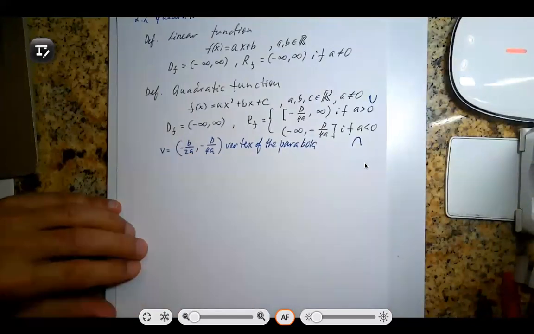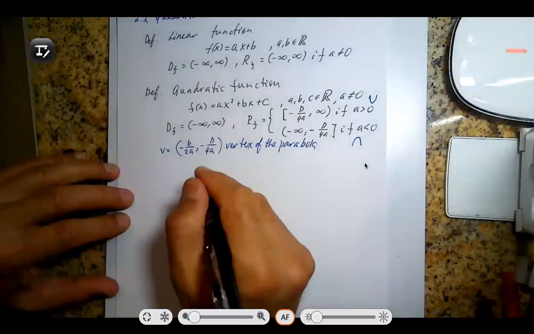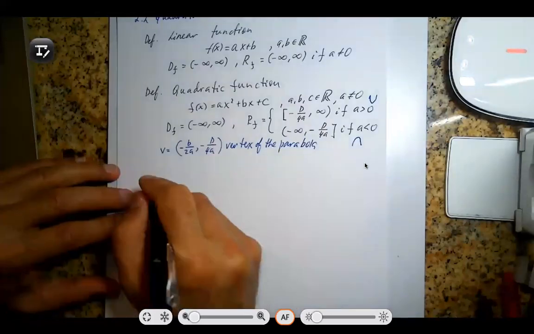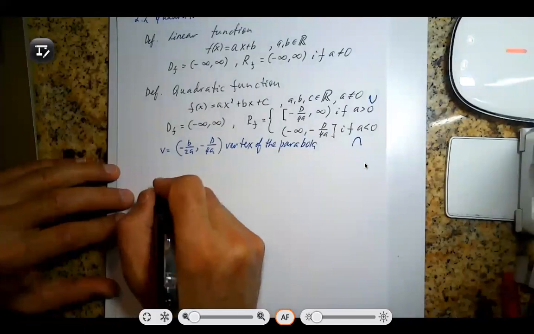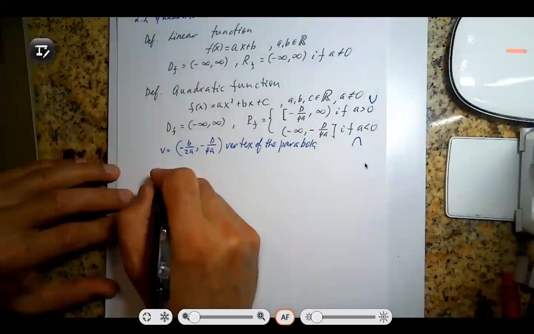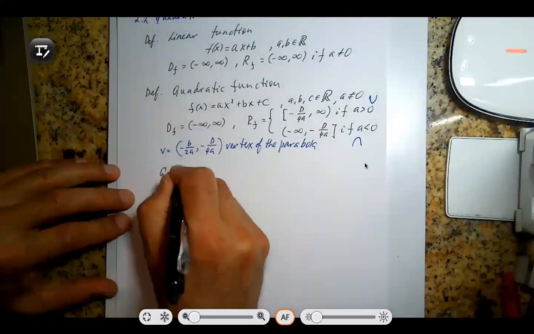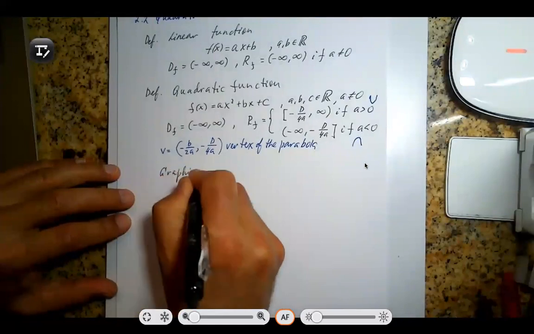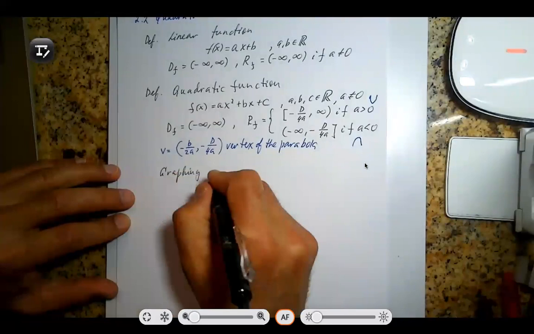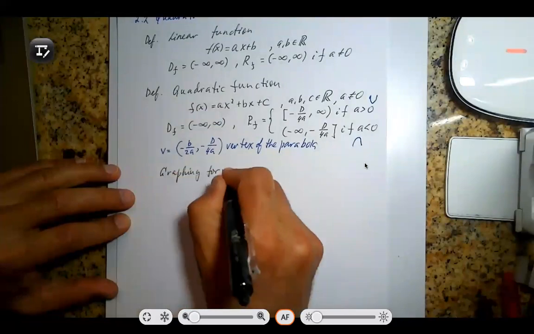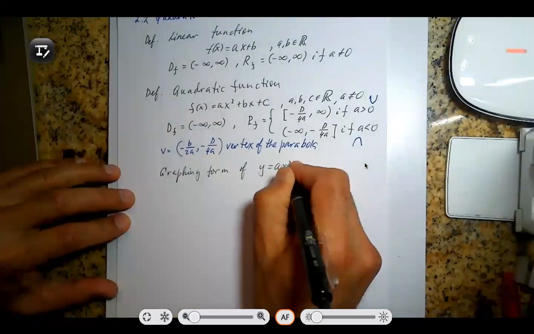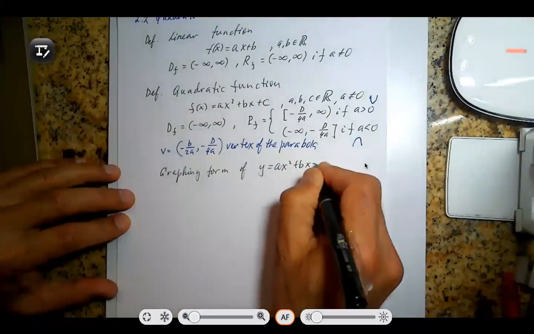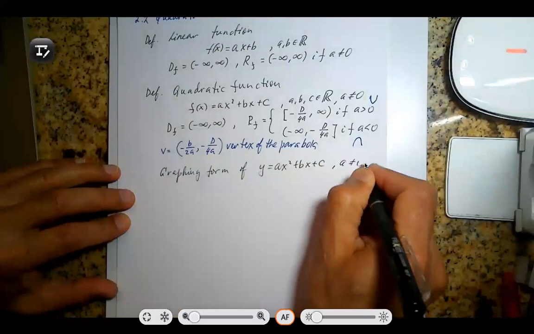So how is the graph of it? Let's bring it to the graphing form. The graphing form of y equals ax squared plus bx plus c. This is called standard form.